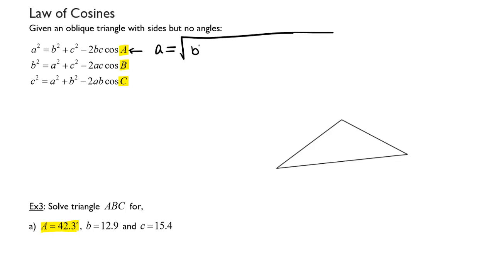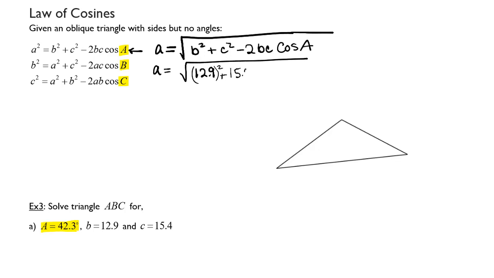So I would substitute values in for B squared plus C squared minus 2BC cosine of A. This will give me the square root of 12.9 quantity squared plus 15.4 quantity squared minus 2 times 12.9 times 15.4, all multiplied by cosine of 42.3 degrees. The side A comes out to be 10.5.